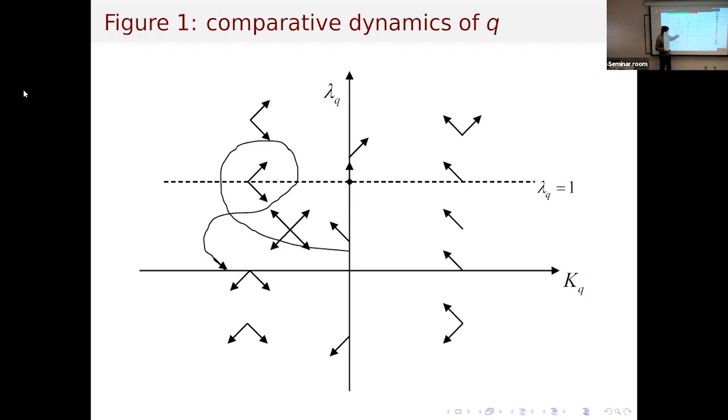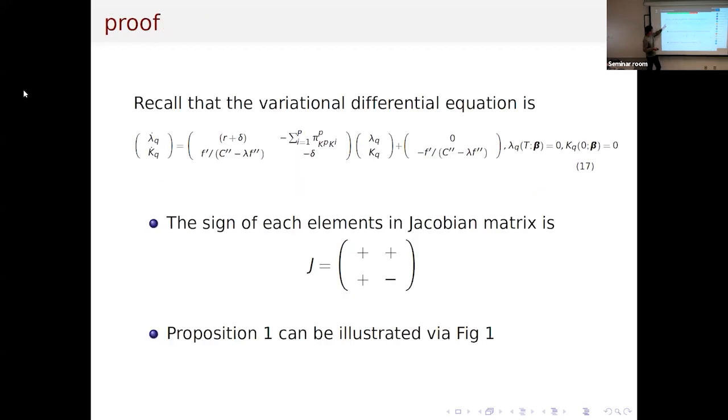Suppose the system is sitting right here, then KQ is equal to 0, and lambda Q is positive. Now we can use this equation to show that lambda Q dot equals R plus delta times lambda Q, because KQ is 0, so this term vanishes.